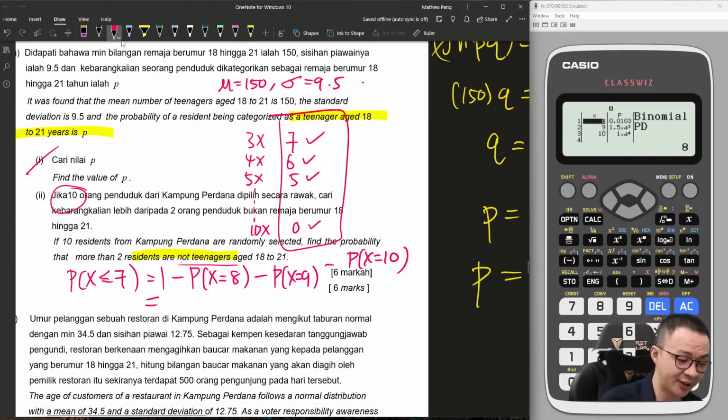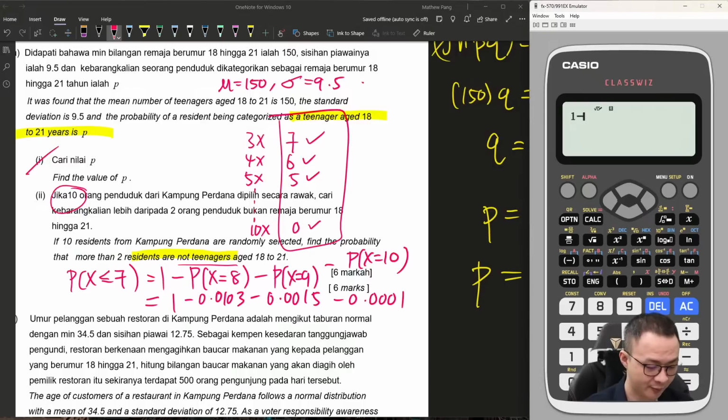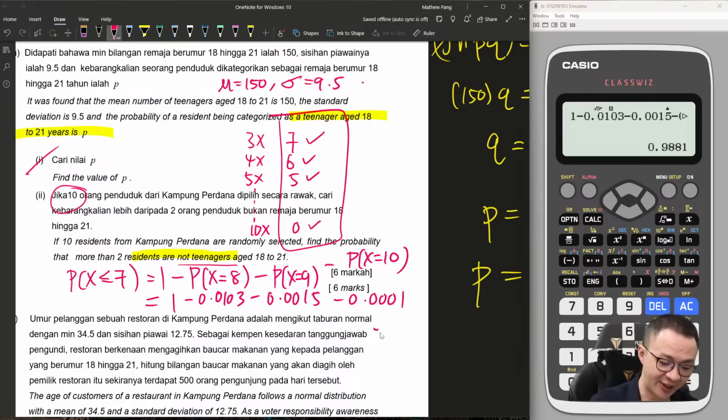So basically right now it is 1 minus 0.0103 minus 0.0015 minus 0.0001. Okay, this is my answer. So my final answer should be 0.9881. Okay, done the binomial.